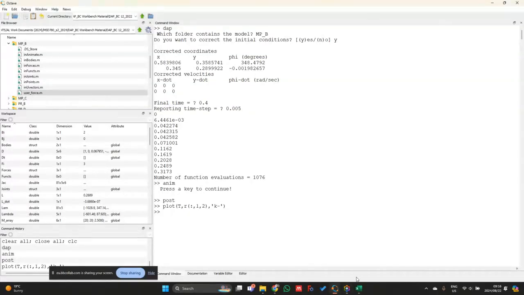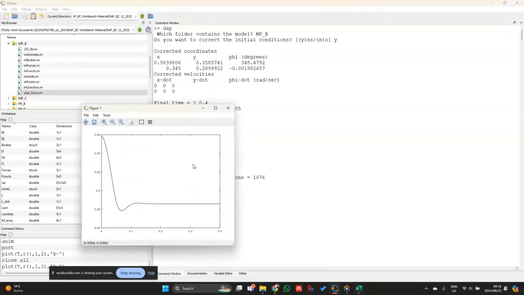I should just close the previous, let's just say close all. Okay, so we see more or less the same kinematic relationship over here. So you can go and compare this with MP underscore A. It should give you exactly the same kinematic or coordinate relation that you have over here.